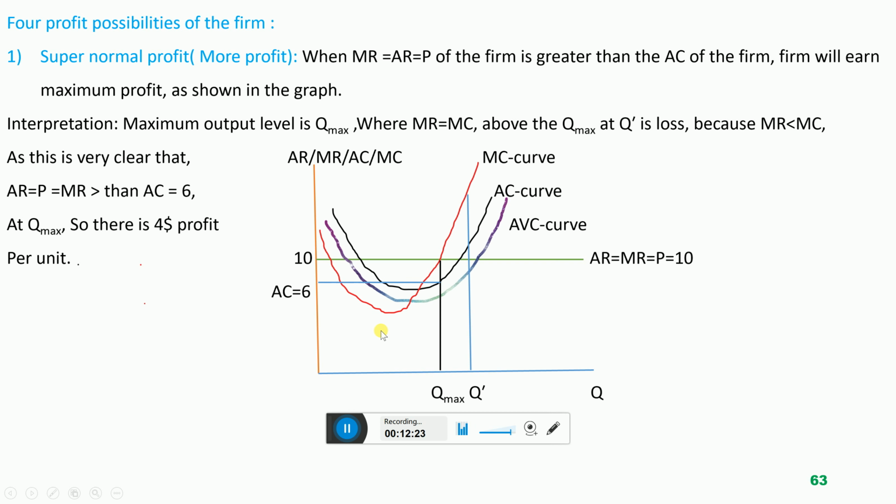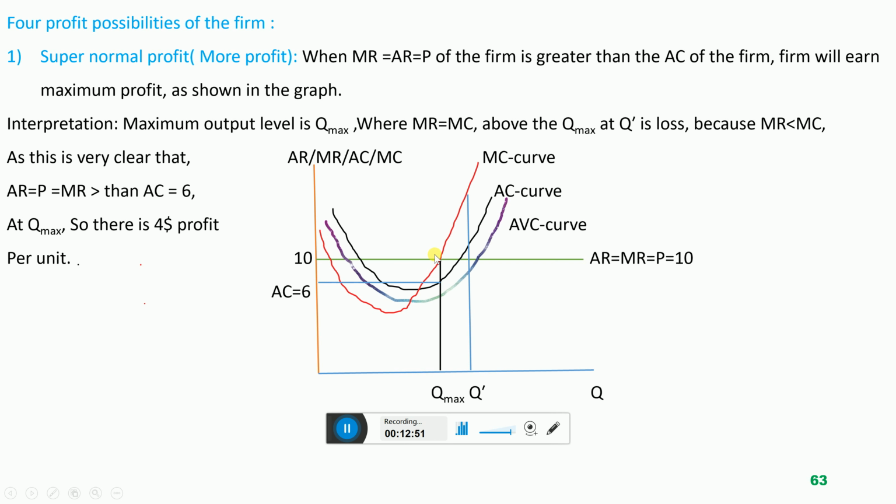So we study the profit maximization condition. How much should the company produce? The company should produce up to the point where marginal revenue is equal to marginal cost. So this is your marginal revenue curve, the green horizontal line. This red U-shaped curve is the marginal cost curve.